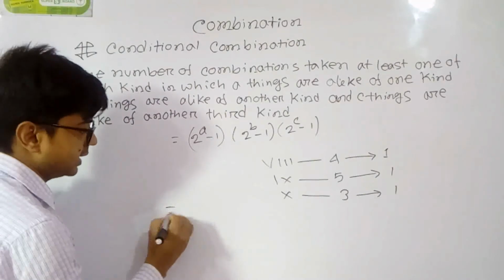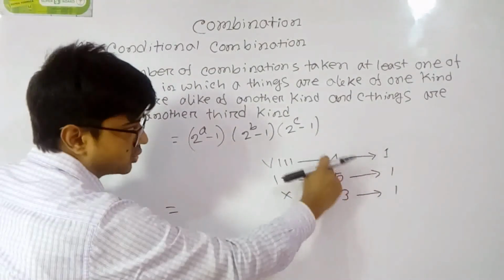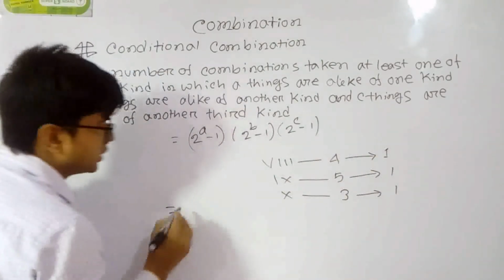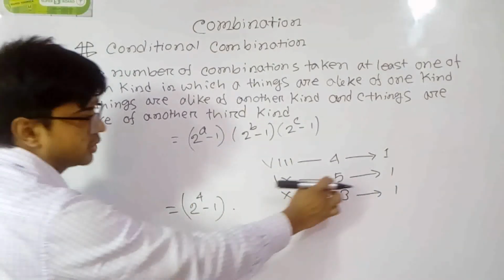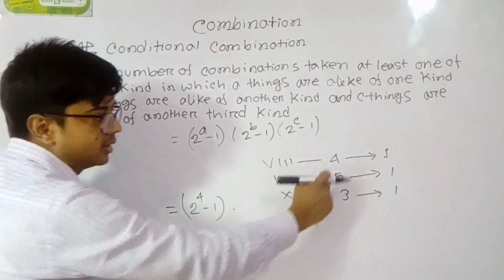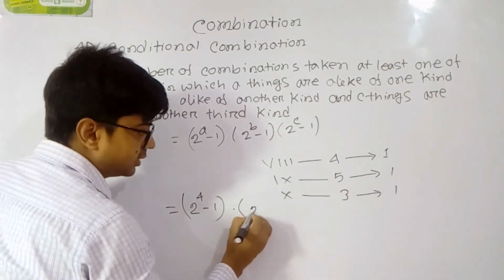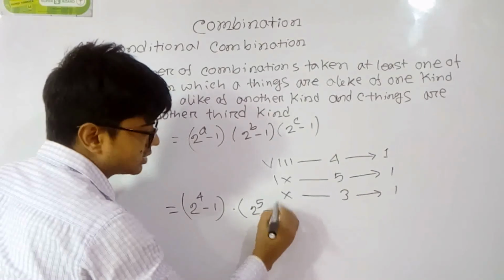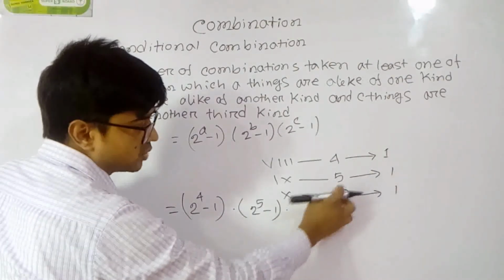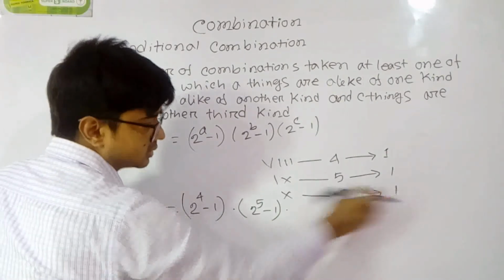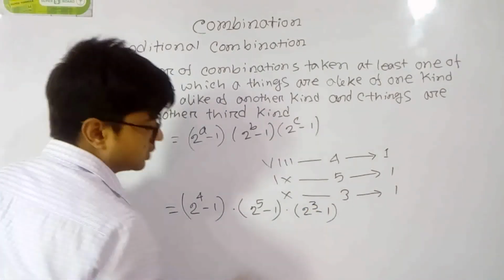So we can write here, from class 8 total students 4 taken 1, so 2 to the power 4 minus 1, into from class 9 total 5 students taken 1, so 2 to the power 5 minus 1, into from class 10 total 3 students we can take 1, so 2 to the power 3 minus 1.